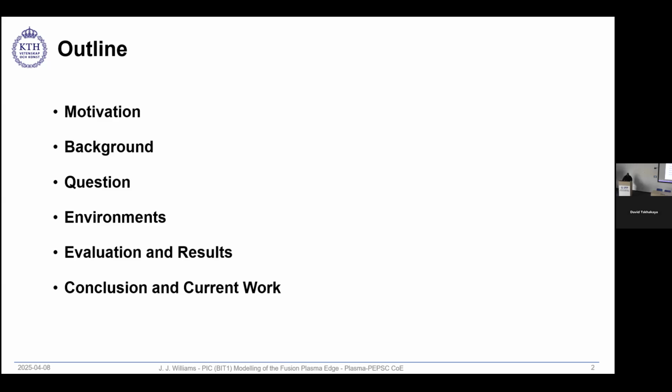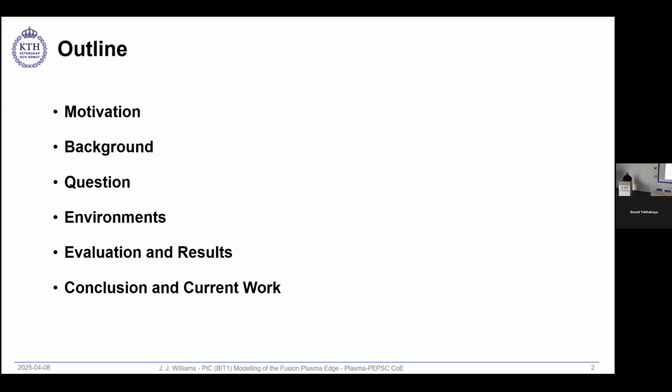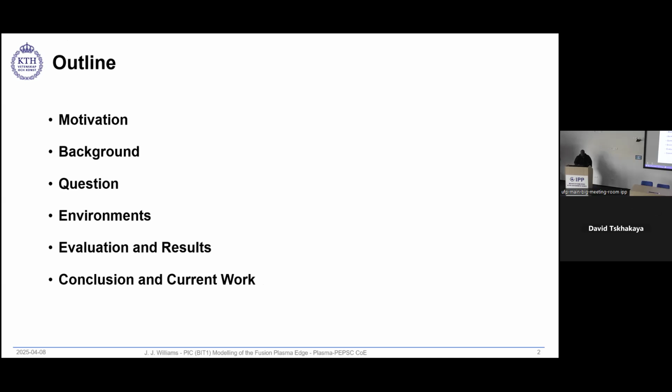And then the next presentation will be tomorrow, which is the GPU part. We'll talk about the environments, because that's quite important. You're using Vega and Karolina, so we'll talk about that as well. And then I'll give you some evaluations and some results. We'll talk about the tools, and then I'll give you some conclusions. And then we'll talk about some current work, which will extend tomorrow.